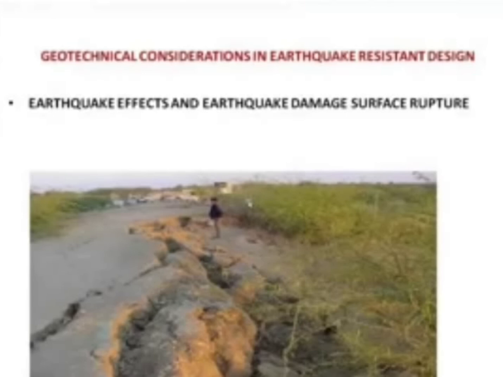And you all know that log base 10 of maximum crack width gives you an idea about Richter. So if the crack width is more, it means it has undergone a very strong earthquake, right? So the surface rupture is a very, very important aspect.